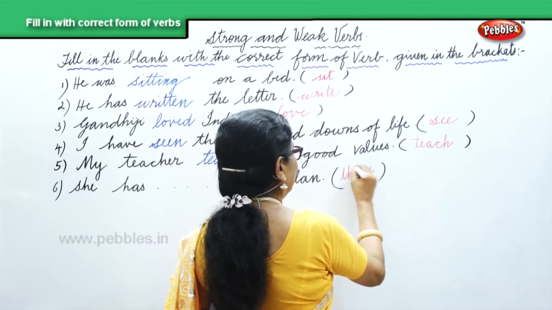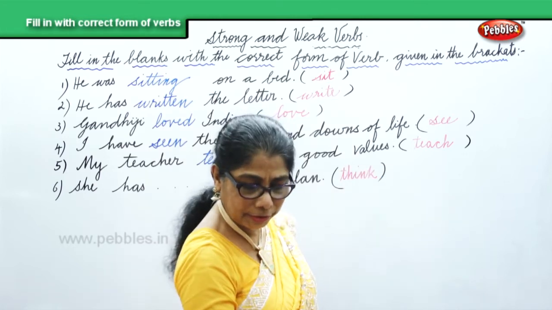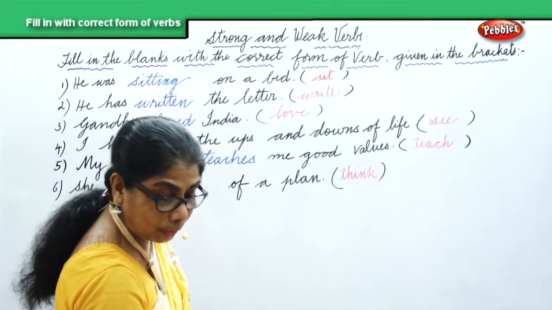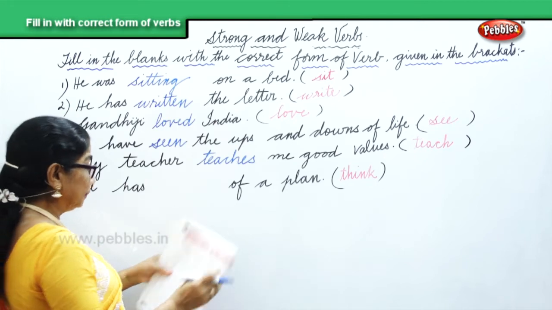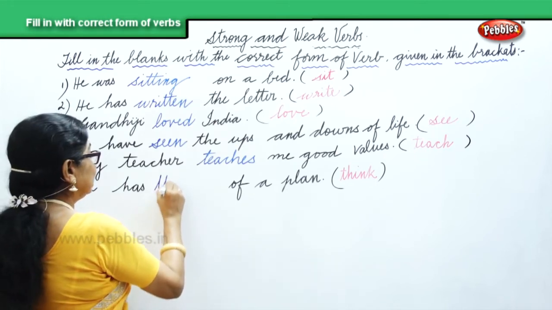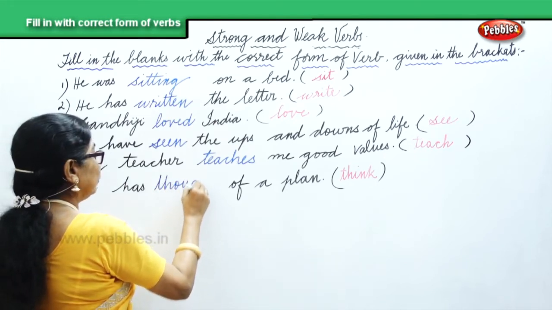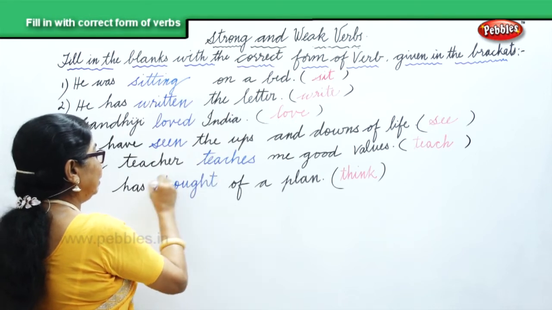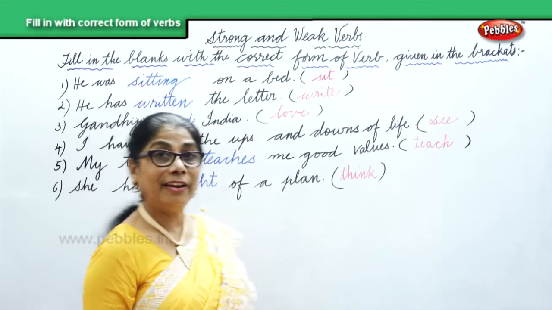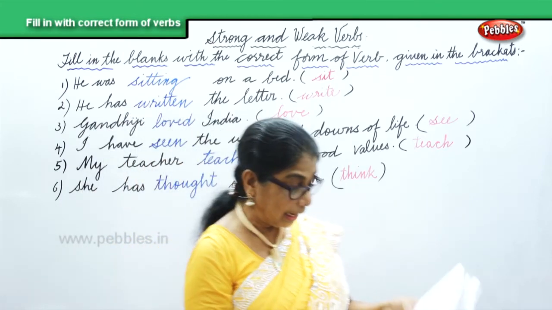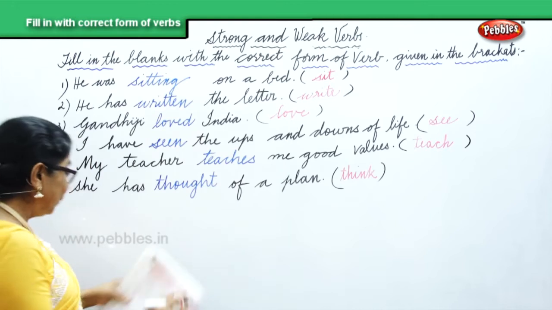So change the form of the verb, and what will you get? She has thought of a plan. She has thought. You have been given think. She has thought of a plan. Very good.